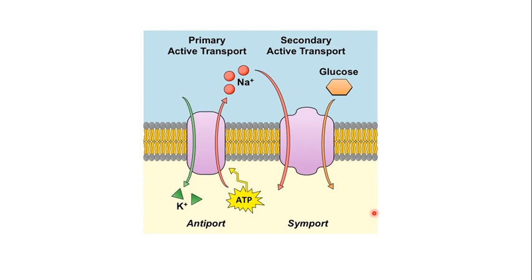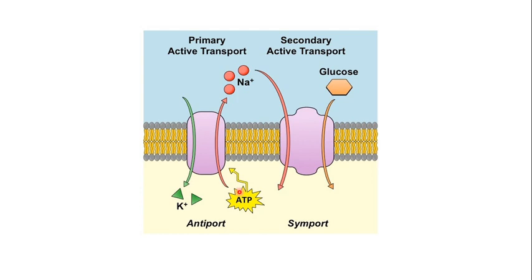Now, one important thing to understand is the difference between primary active transport and secondary active transport. Both of them are active transports, but active transport is further subdivided into these two types. As you can see over here, in primary active transport, you use energy, ATP, as energy.